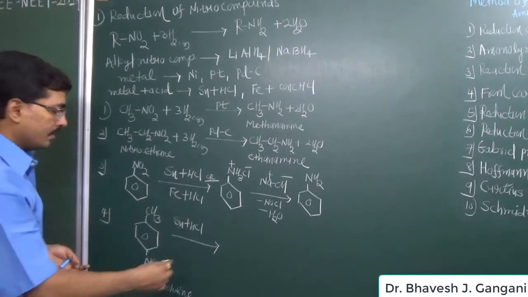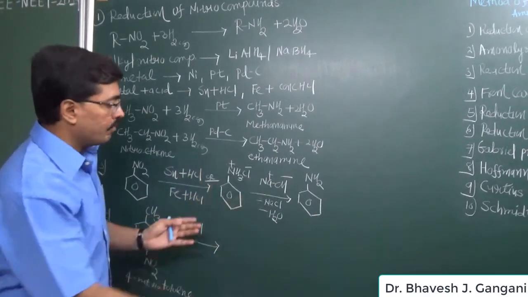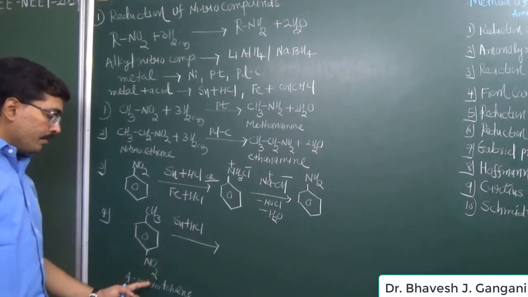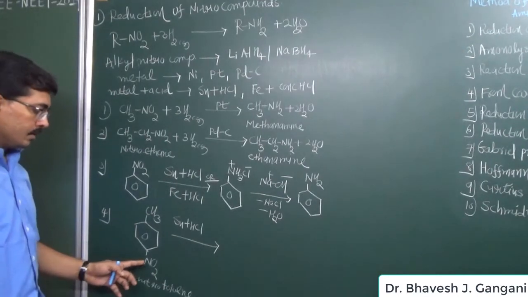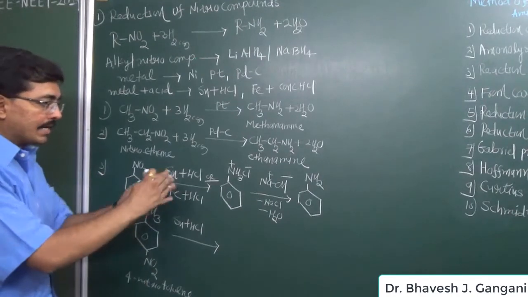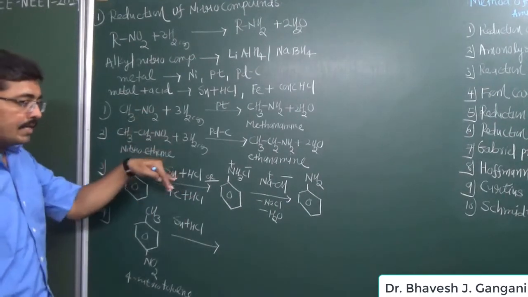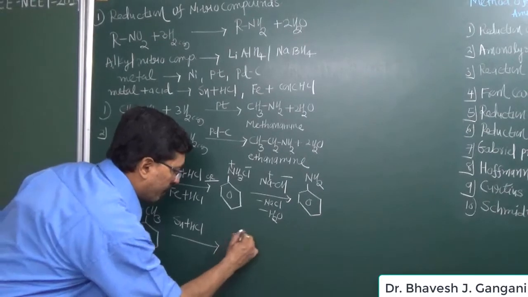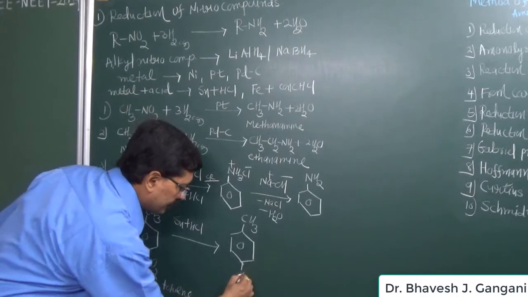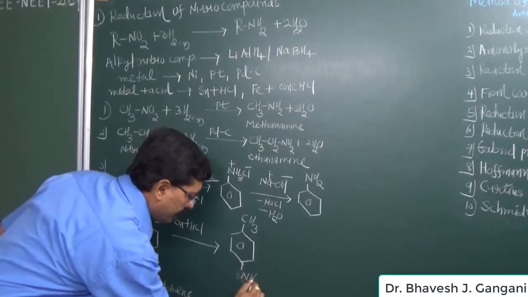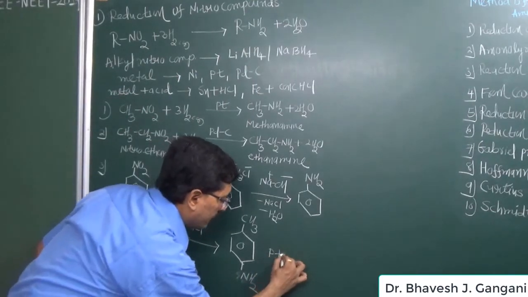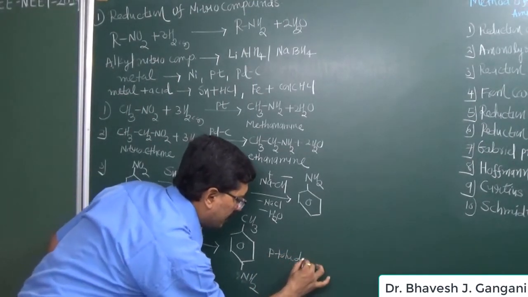Amine will be obtained in the form of ammonium chloride or anilinium chloride. When the nitro group is reduced, it converts into NH2, and because the medium is acidic, NH2 gives NH3 plus and Cl minus, which on neutralization gives the final product, this structure. It is commonly known as para-toluidine.